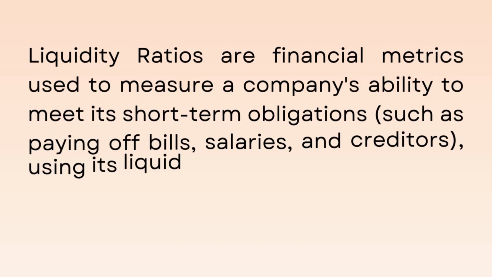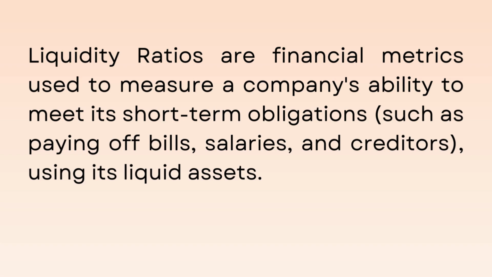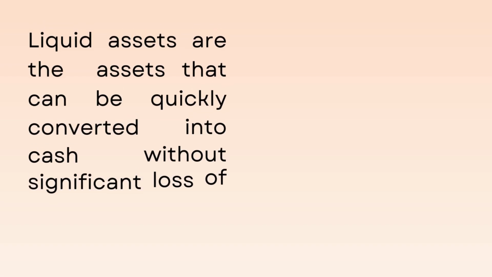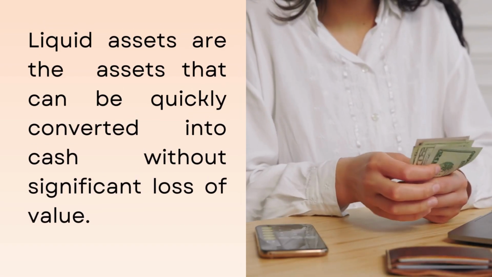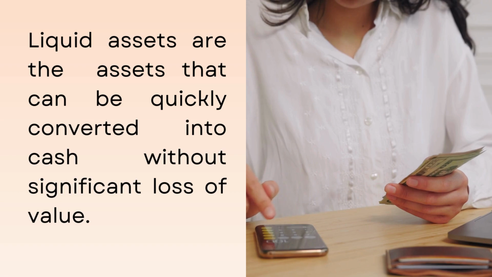Liquidity ratios are financial metrics used to measure a company's ability to meet its short-term obligations, such as paying off bills, salaries, and creditors, using its liquid assets. Now, what are liquid assets? Liquid assets are the assets that can be quickly converted into cash without significant loss of value.